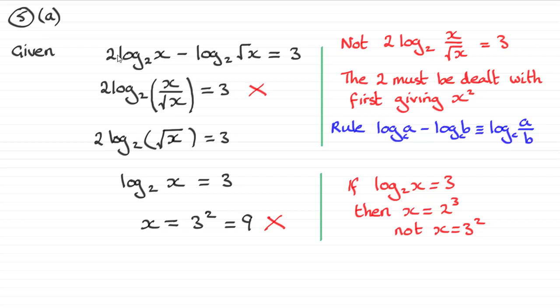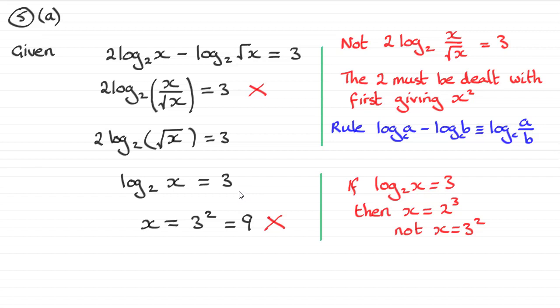We must deal with that 2 first, which by the power rule would have given us the log in base 2 of x squared. Then we could have gone on to use this particular rule. And the other mistake then is when it comes to undoing this log, taking the anti-log, as some people say.